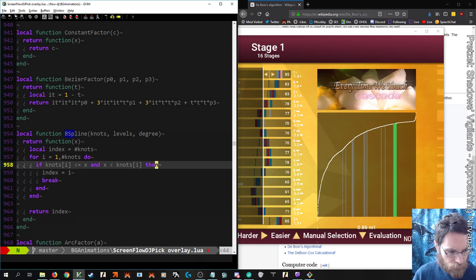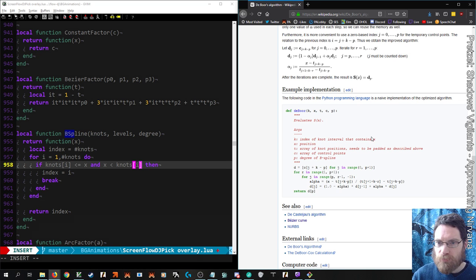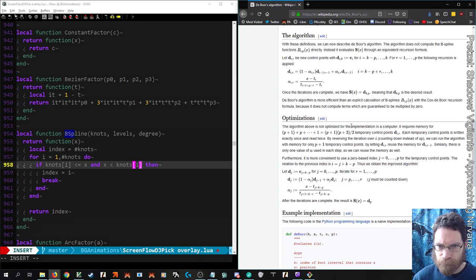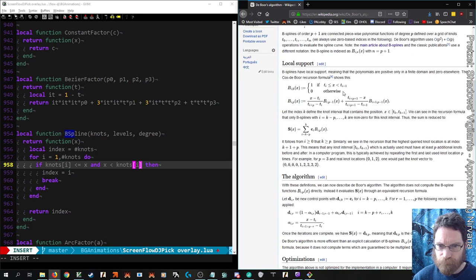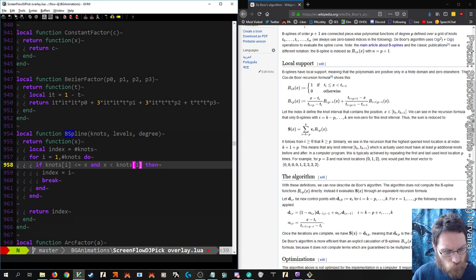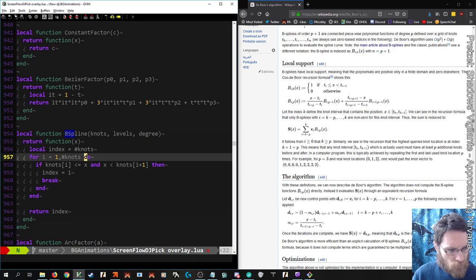Oh, how about knots? So this actually has to be t plus 1, but that means this has to be knots minus 1.